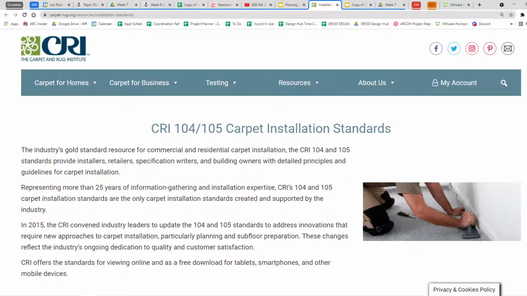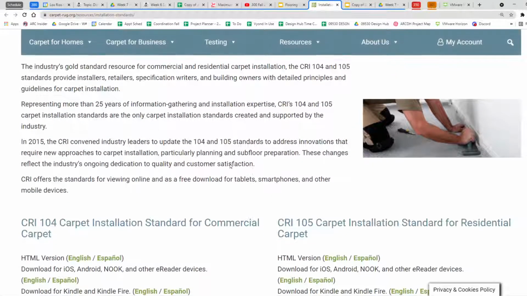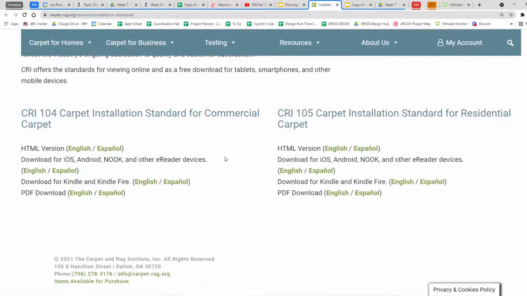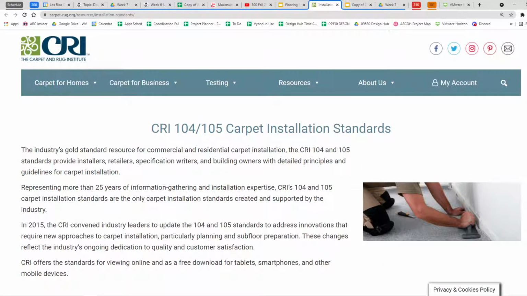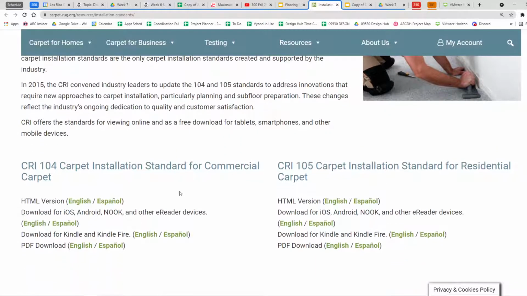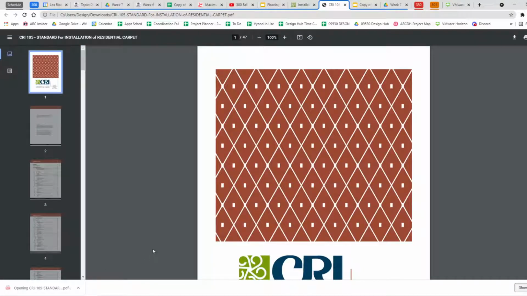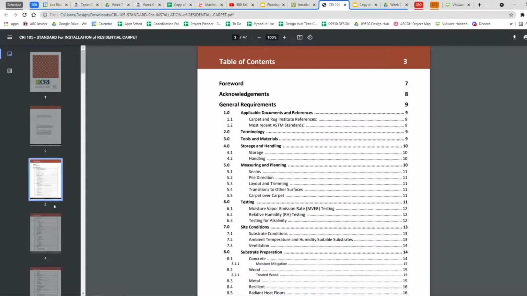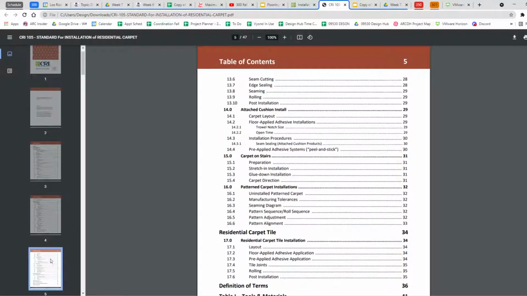So this tells people how to put in a carpet, right? It's the carpet standard. Okay, and you can get it. Here's the download. Man, look at all these downloads you can do. Here's a PDF download. And let's just see. 47 pages on how to install carpet.